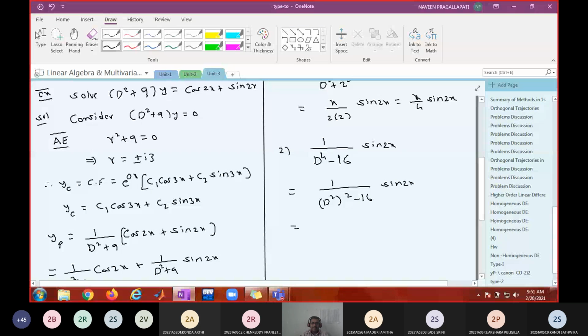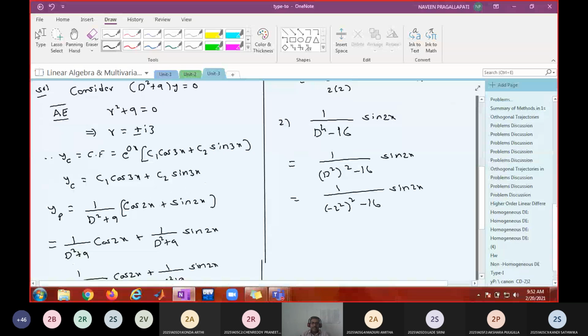If I replace d square with minus 2 square, minus 2 square whole square minus 16. And what is minus 2 square? Minus 4. Minus 4 whole square is 16. 16 minus 16 is 0. You are getting denominator 0. So type 3 you cannot apply. Is this clear to all of you? Did you realize this point?